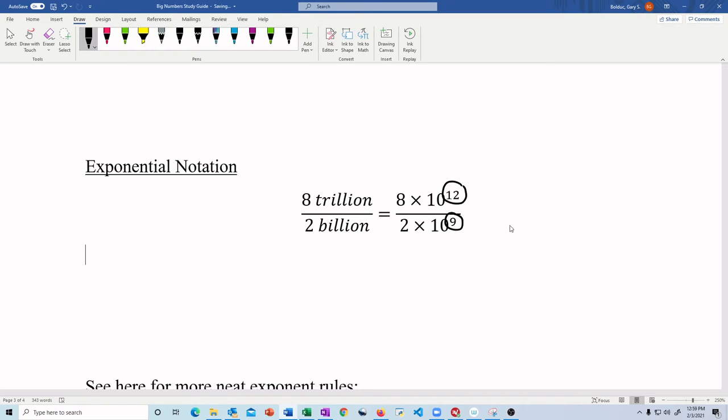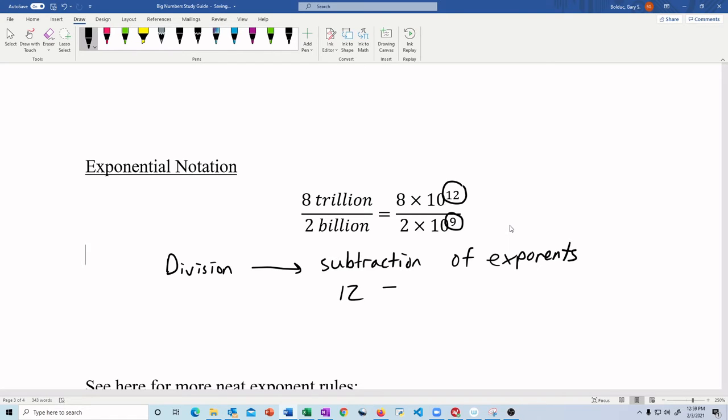And when you're doing division here, this turns into subtraction of exponents. So, what do we end up seeing? We've got 12 on top minus 9 on bottom. That leaves 3 on top.